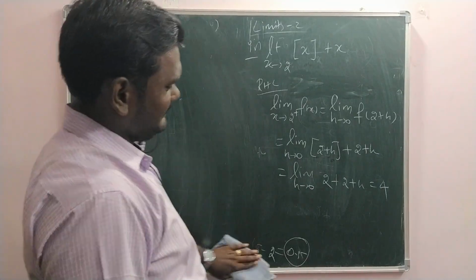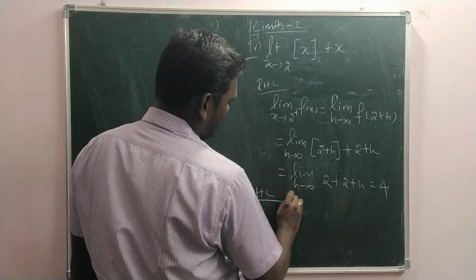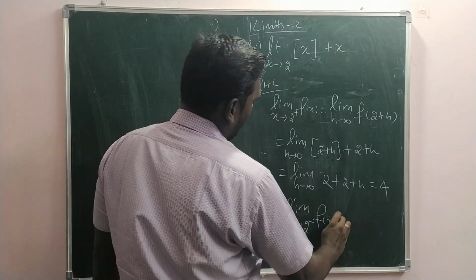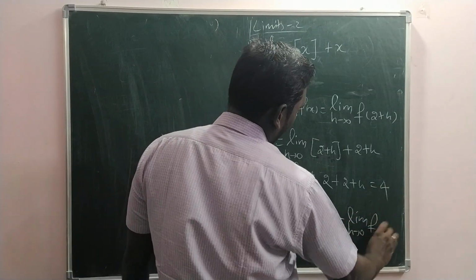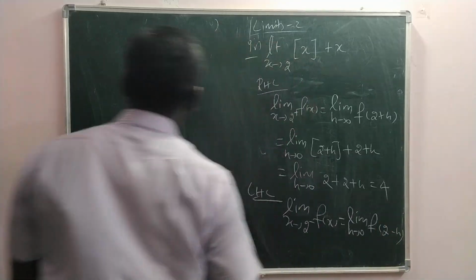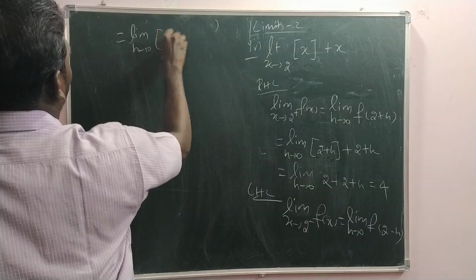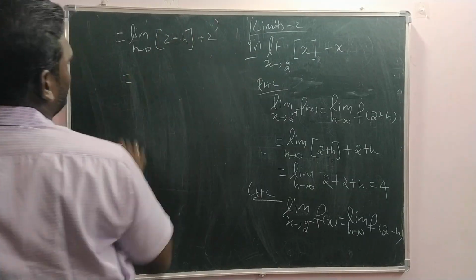We'll write limit x tends to 2 minus f of x is equal to limit h tends to 0 f of 2 minus h. So that is limit h tends to 0 step of 2 minus h plus 2.